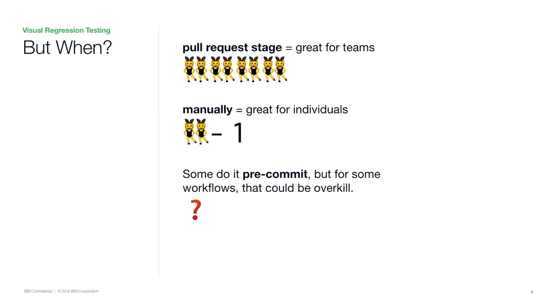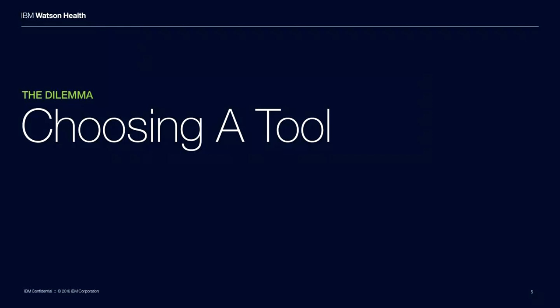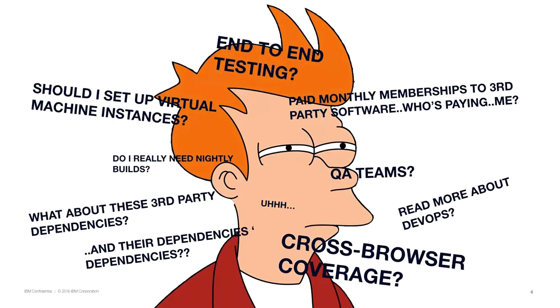Now a little bit about the dilemma of choosing a tool, because I think all front-end developers can agree that things are settling down a little bit, just a tad. But in researching visual regression testing, the more I researched, the more I kept going up into end-to-end testing, running nightly builds, firing up virtual machine instances for multiple testing environments, and so on and so forth.